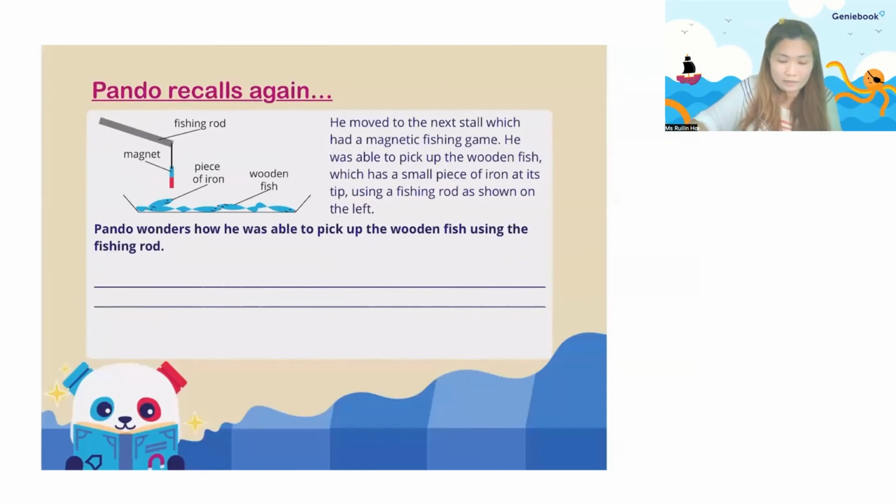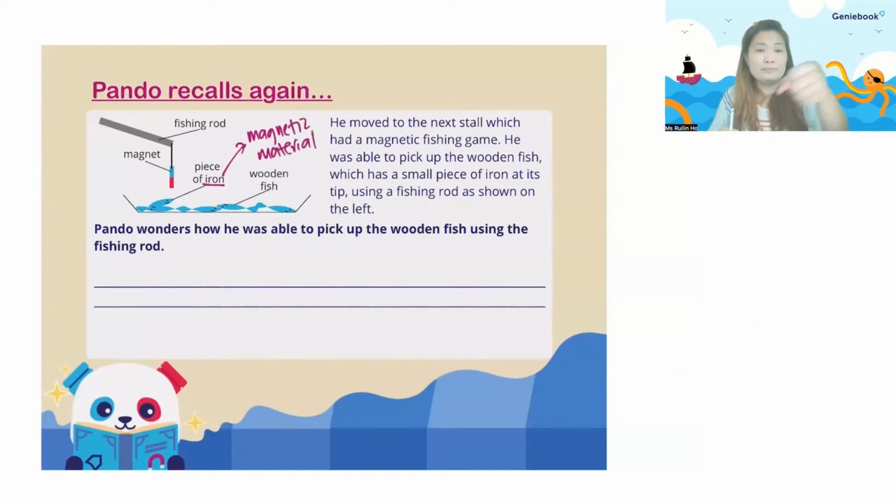So at the end of the fish itself, what do we know about iron? Can you tell me something about iron? It has to do with magnets. What type of material is it? Good job. Right, it's actually a type of magnetic material. So iron is a magnetic material. Obviously, when you bring the magnet over, it will be attracted.